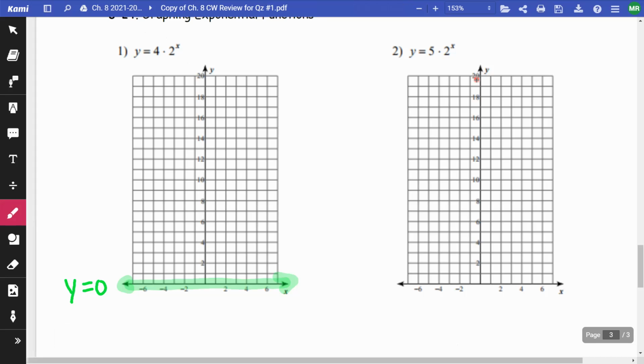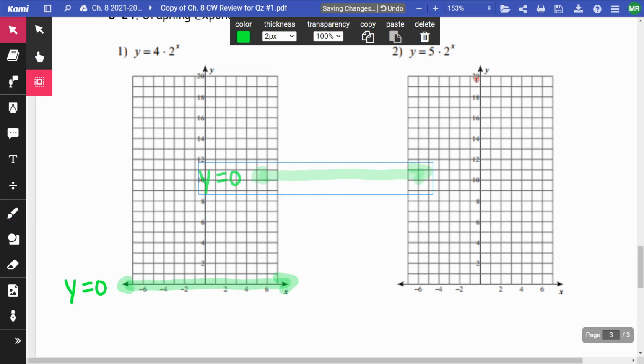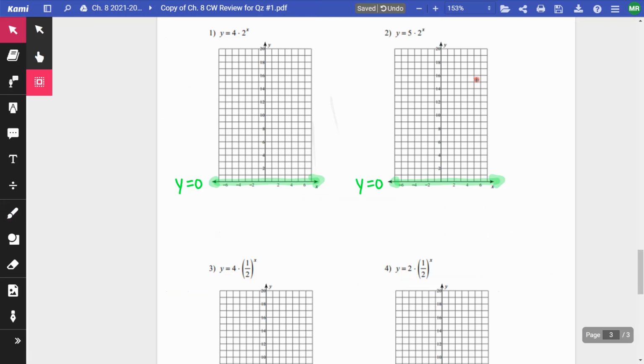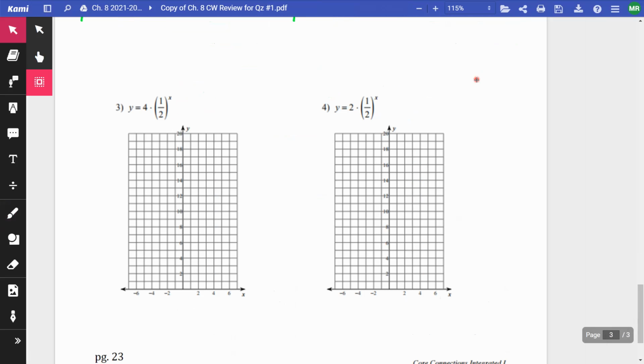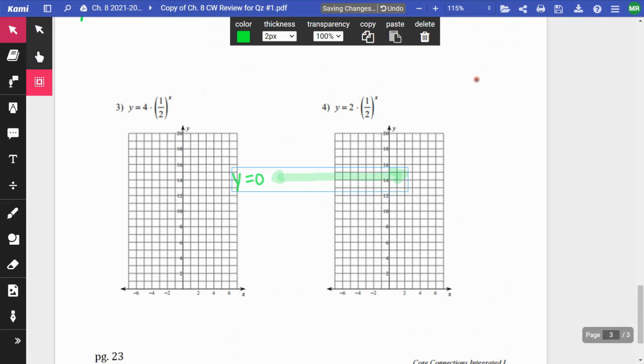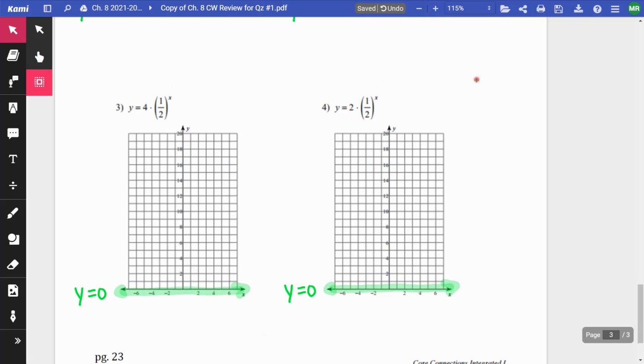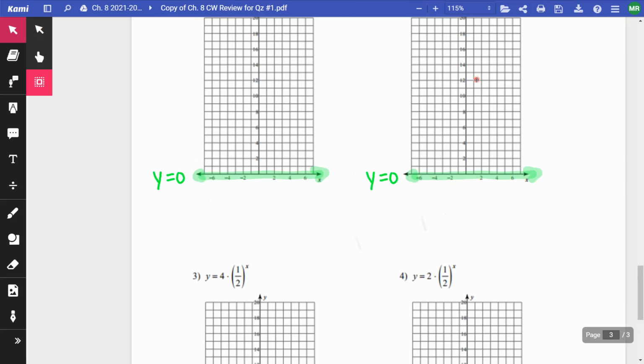We're going to talk about that in a second. So if you want, you can copy this and paste it. Okay, so you've got that on all of them. You want to make sure you put that on your homework tonight.